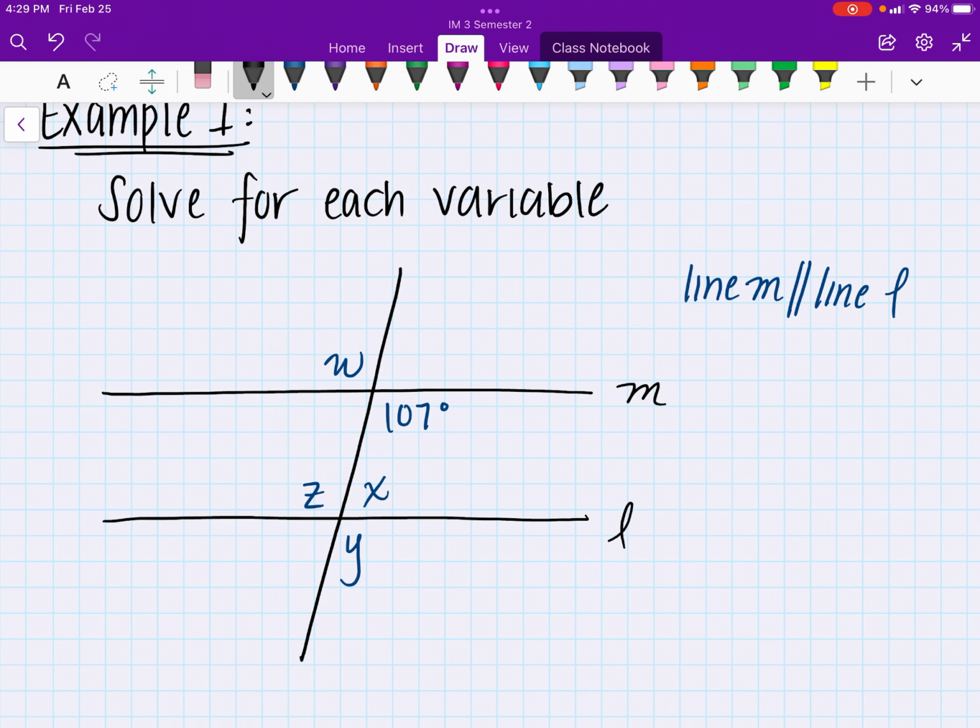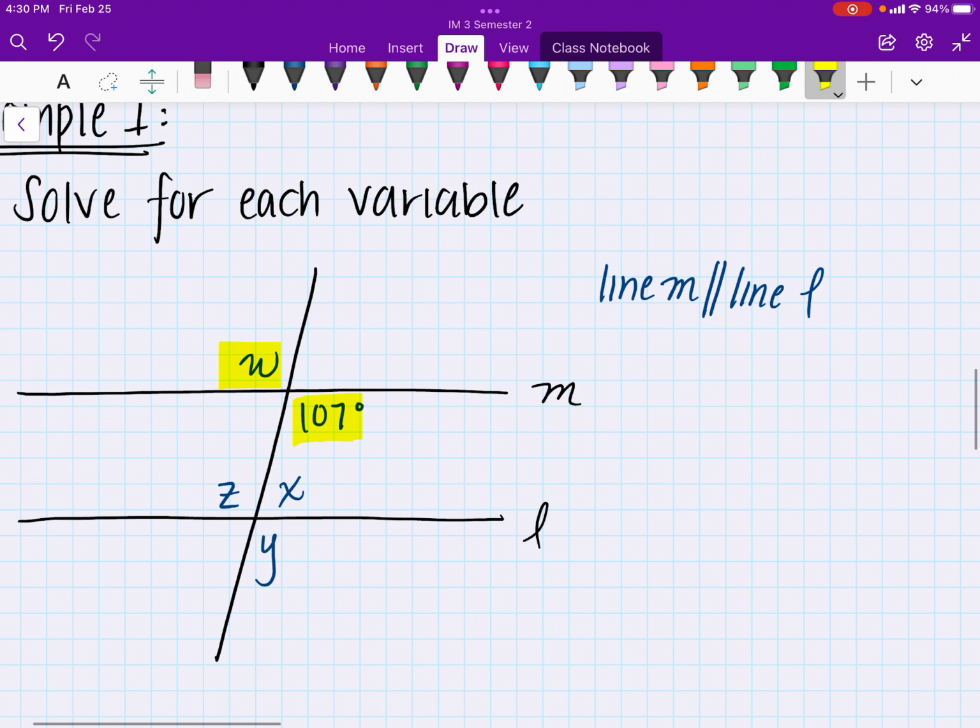So we're given angle 107. Now, what can I say about angle 107 and W? Angle 107 and W are actually vertical angles. So I could say that angle W is equal to 107 because they are vertical angles.